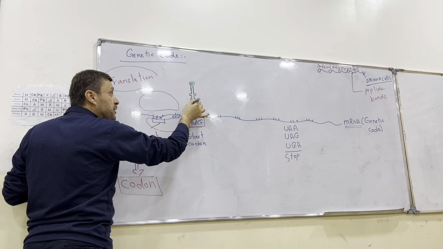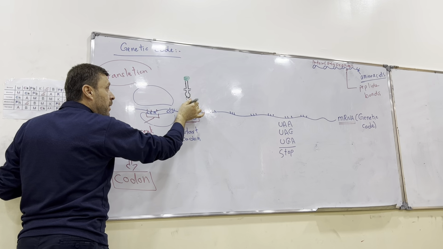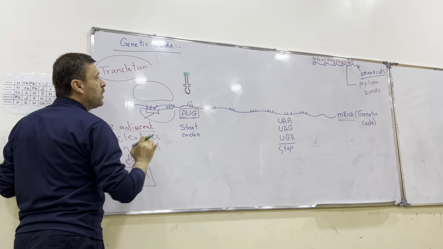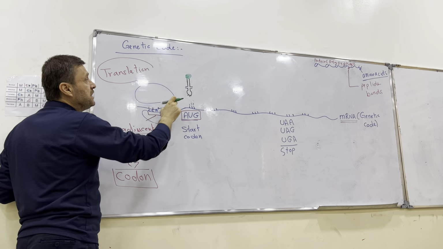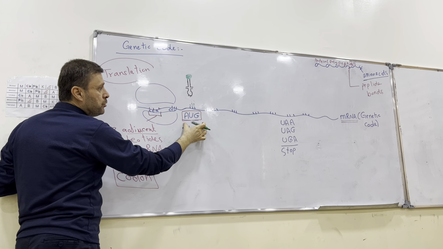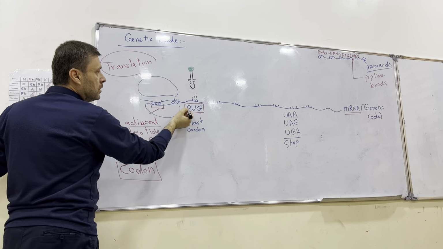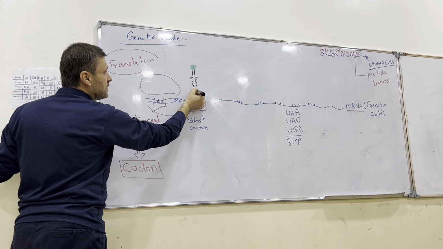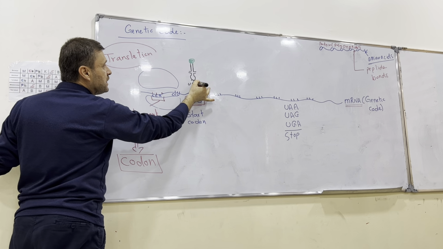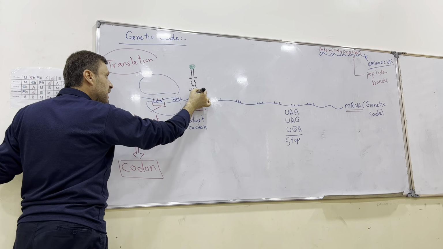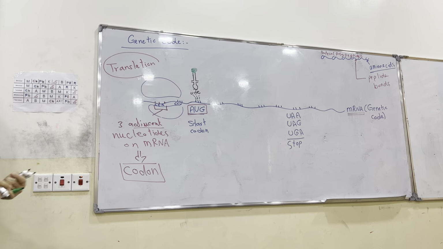The first anticodon to bind AUG is UAC. The tRNA with the anticodon UAC binds the start codon and the process begins.